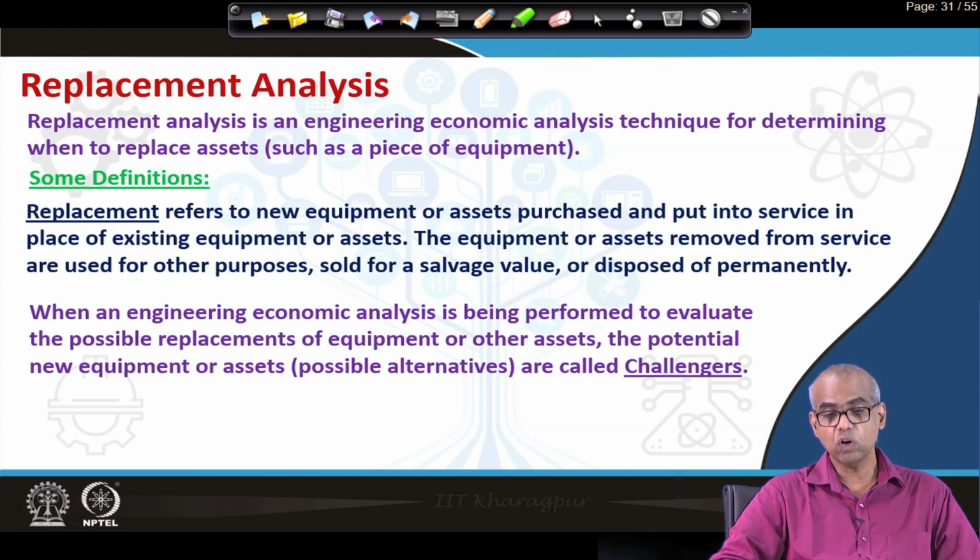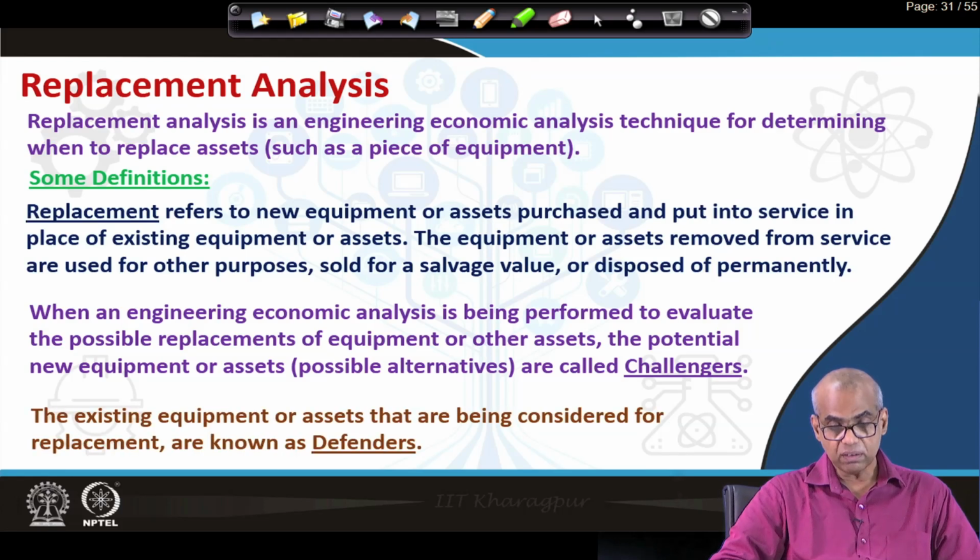When an engineering economic analysis is being performed to evaluate the possible replacements of equipment or other assets, the potential new equipment or assets, that is possible alternatives, are called challengers. The existing equipment or assets that are being considered for replacement are known as defenders.